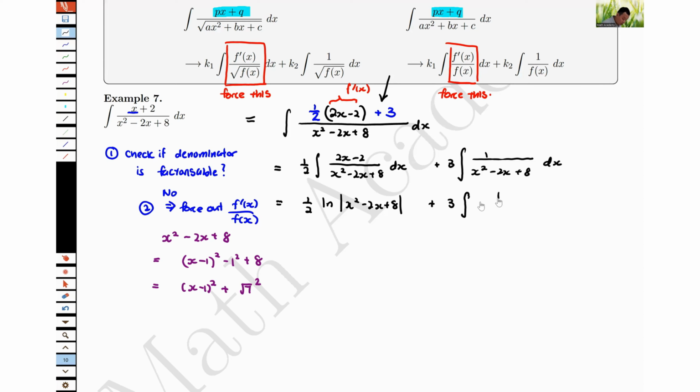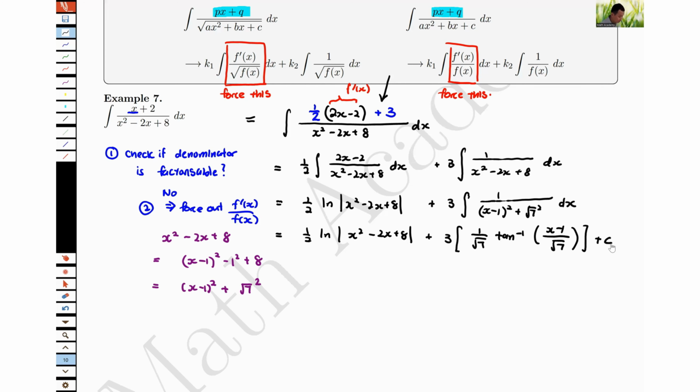Okay, so let's change it in this problem. Left-hand side, we continue to copy. Right-hand side, when we reach this structure of x squared plus a squared, we will change to tangent inverse formula. So we get your 1 over a, tangent inverse of your fx over a plus c.